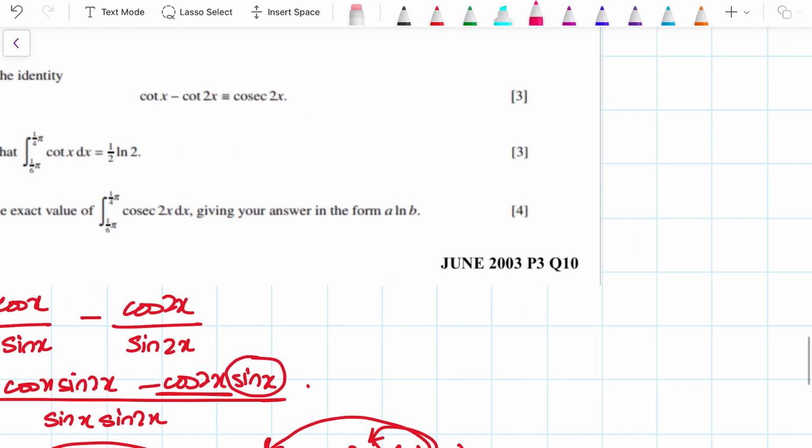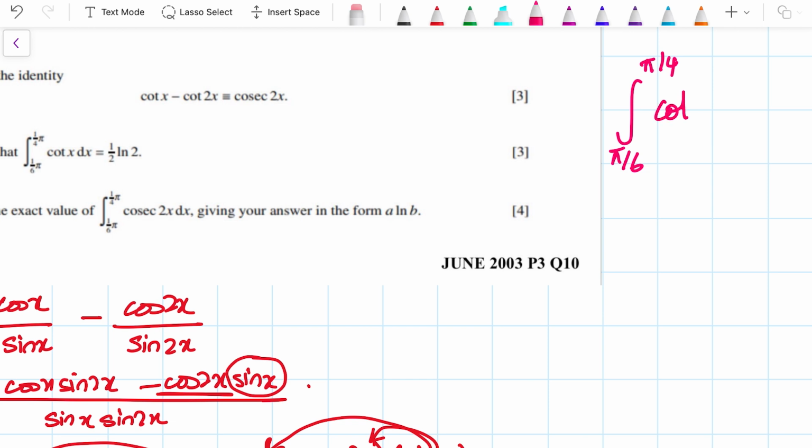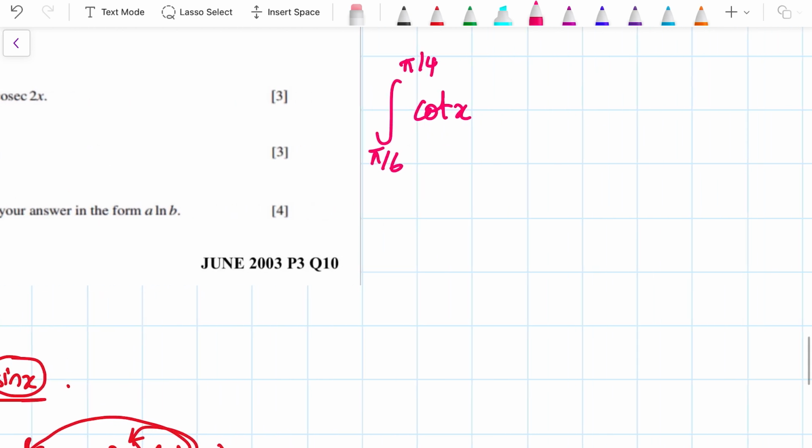Show that the integral from pi by 6 to pi by 4 of cot x dx is equal to half ln 2. Now remember I said that you can write cot x as cos x upon sin x.